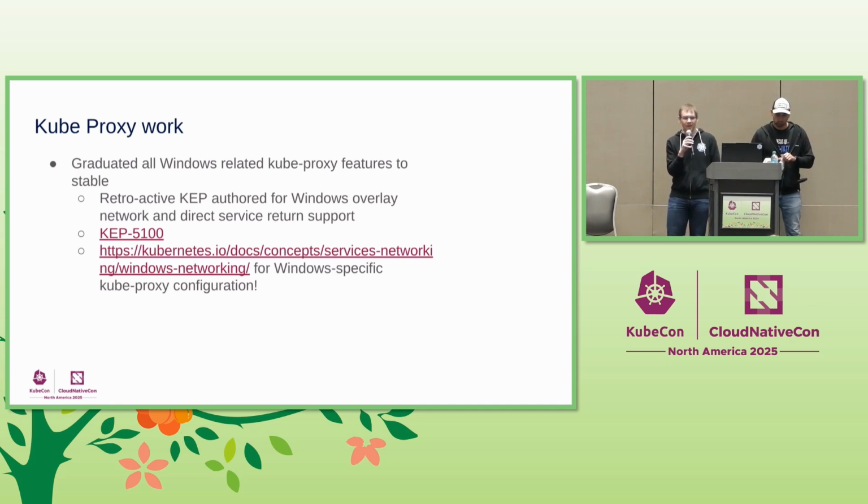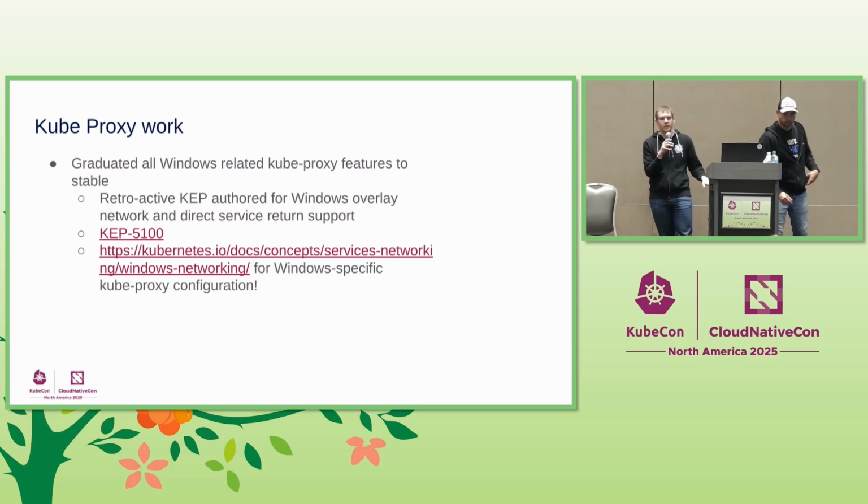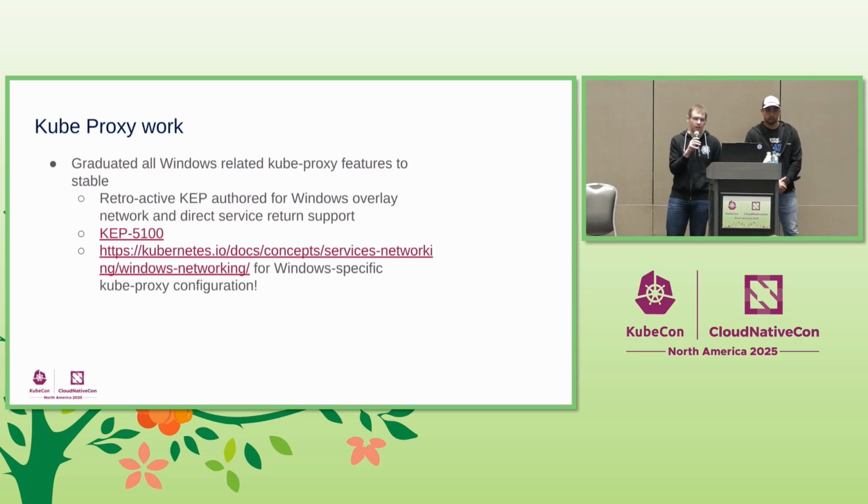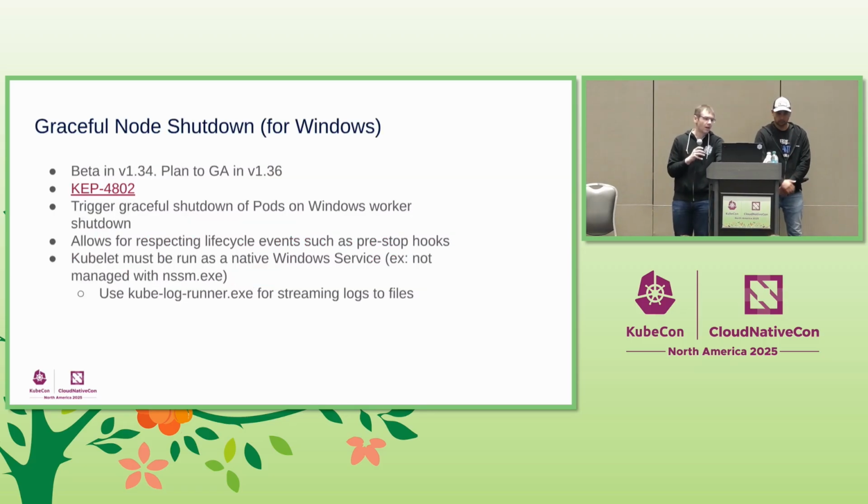So we ended up writing a retroactive KEP that described all the functionality for how overlay networking works when it's configured in a Kubernetes cluster, and also direct service return support. As a result of that, we really overhauled the documentation for how Windows networking works with services in Kubernetes. It was a bit of a spelunking exercise, but I think a lot of good work came out of that.